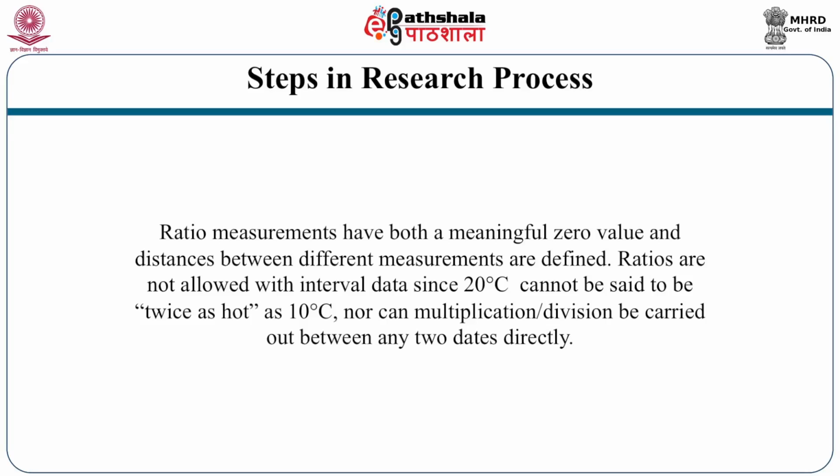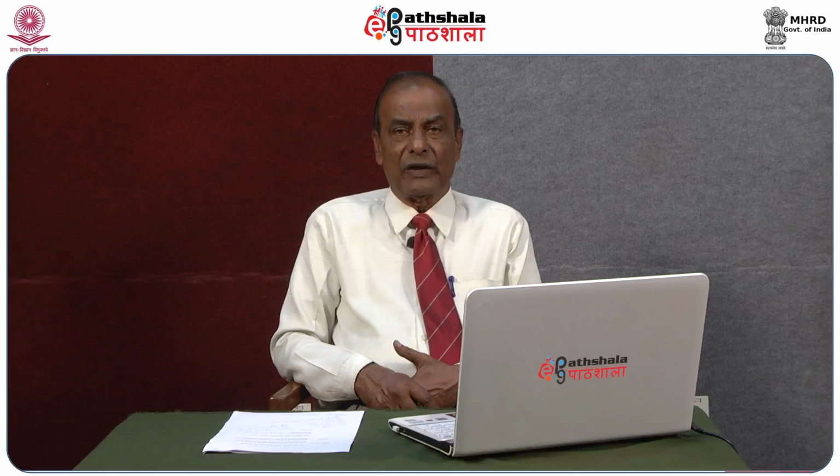So, these are the 4 different types or levels of measurement, again nominal, ordinal, interval and ratio, and these measurement levels can be applied to your data to specify certain behavior of your data.